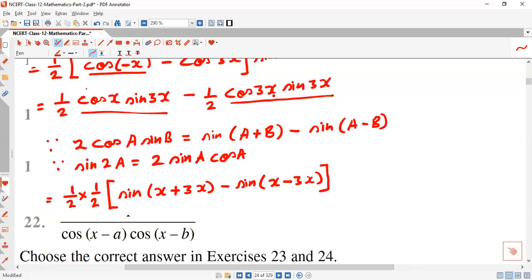Now we have again 2 sin A cos A equal to sin 2A, minus 1 by 2 into 1 by 2 into sin 6x.